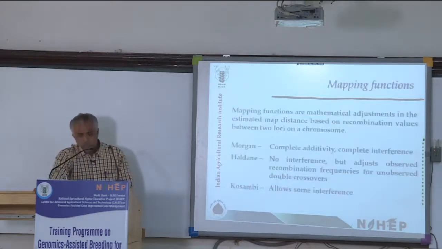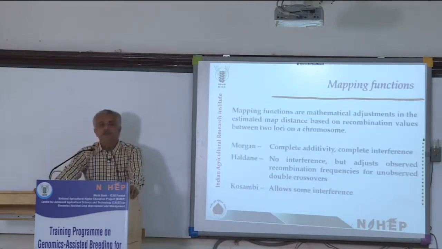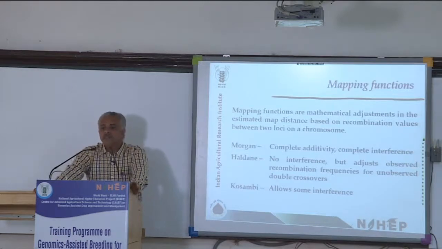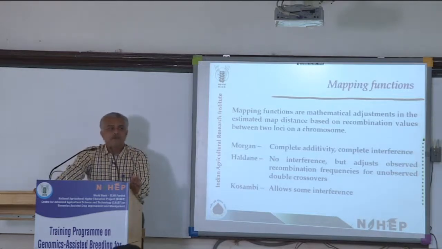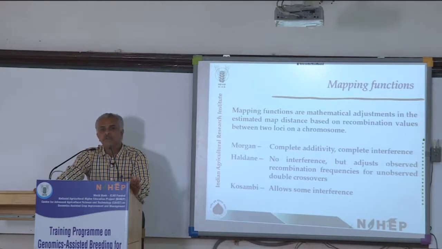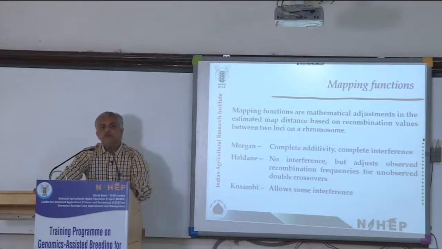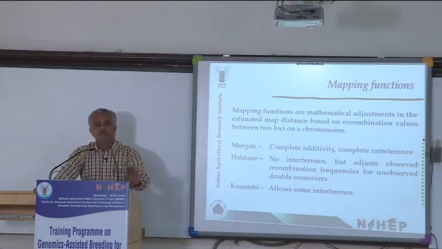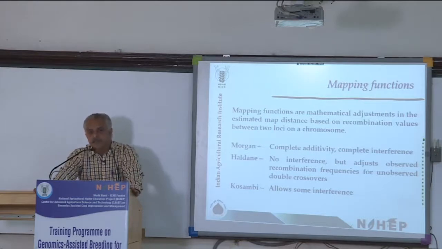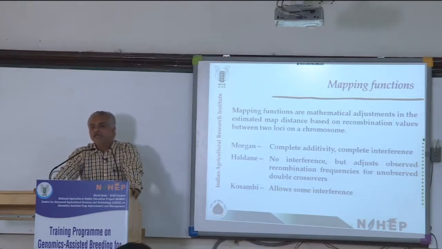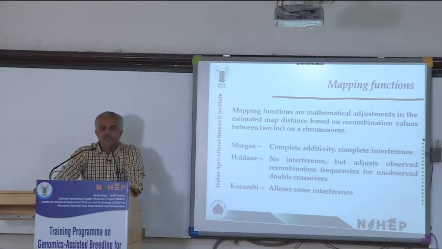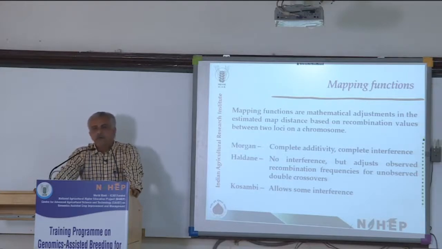A mapping function is the mathematical adjustment of the observed recombination frequency to obtain a more realistic, closer estimated recombination frequency, so that you will be able to estimate the distance between two loci better.